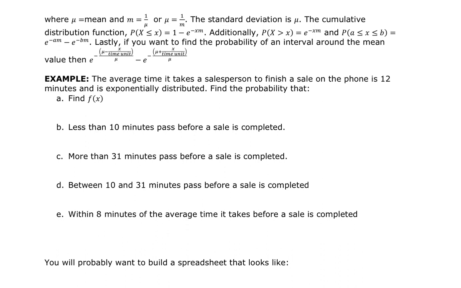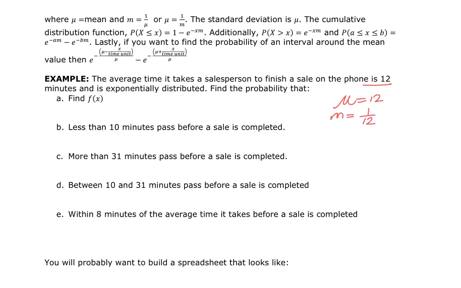application. So find f of x. The average time it takes a salesperson to finish a sale on the phone is 12 minutes and is exponentially distributed. So they're telling me that mu is 12. That's the first thing. So this mu is mu, not m. Mu is 12. That means m is 1 over 12.